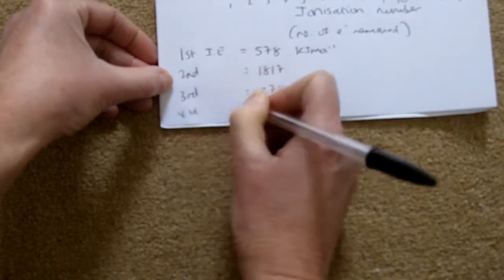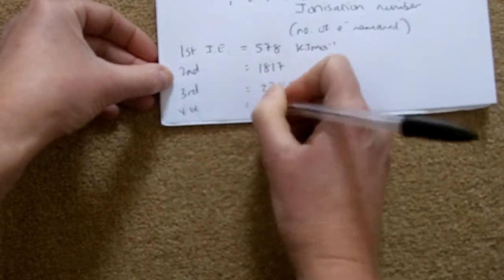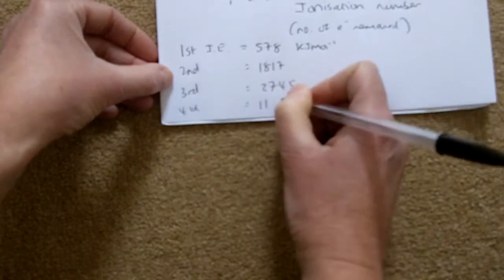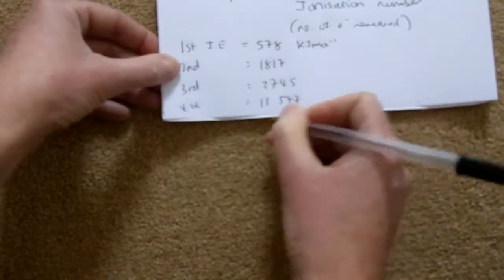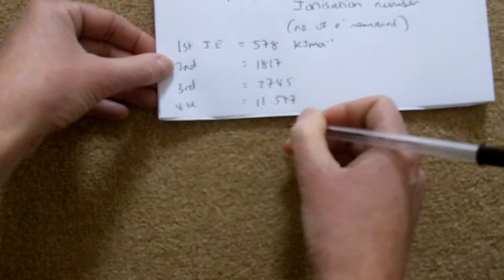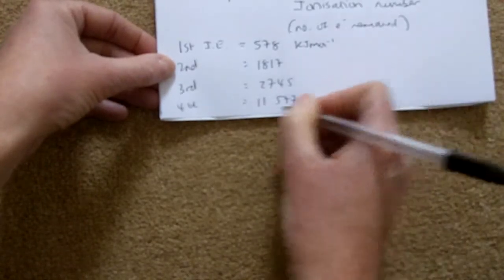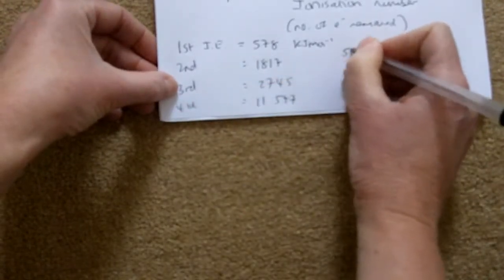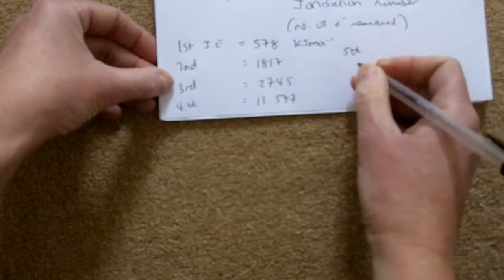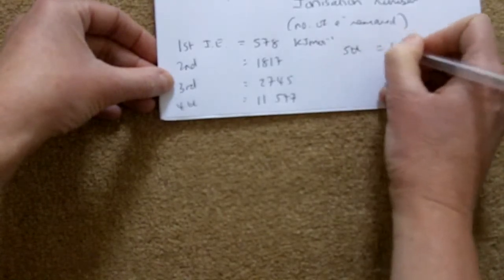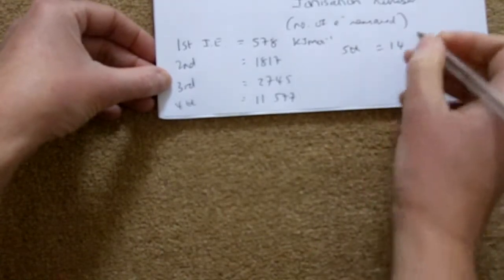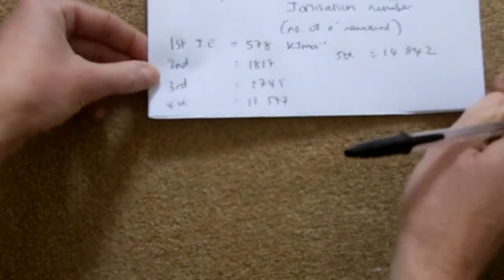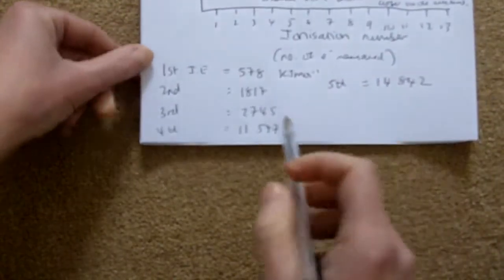The fourth ionization energy is 11,577. And then the fifth ionization energy is 14,842.